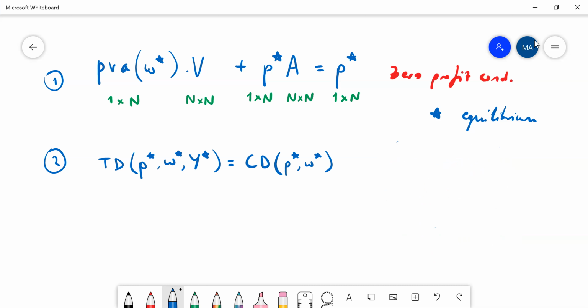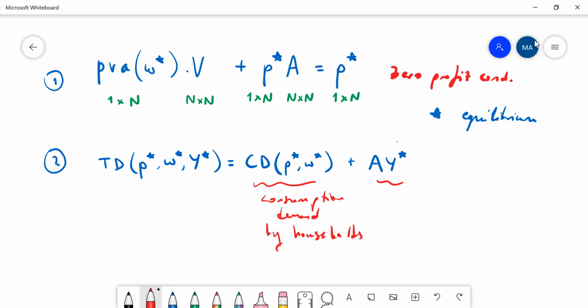For each good, there is this consumption demand, plus there is intermediate input demand. So this is consumption demand by households, and this is intermediate input demand by firms, right?